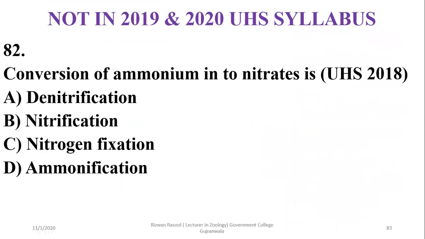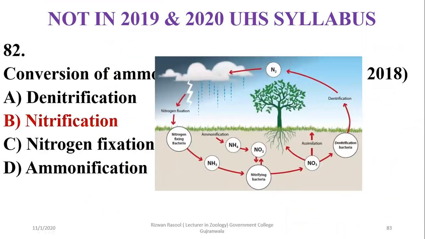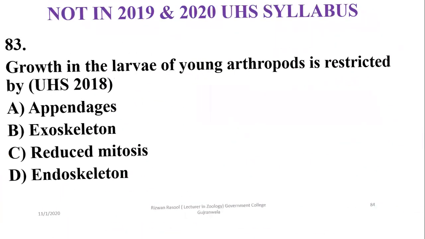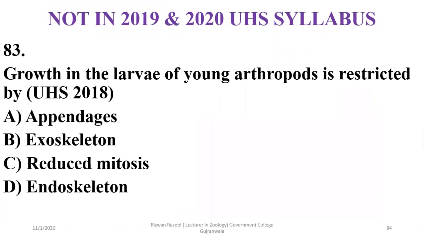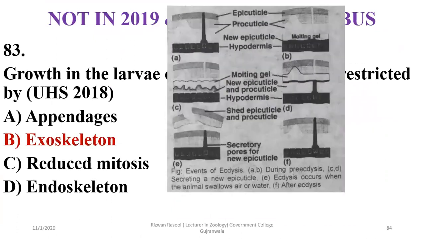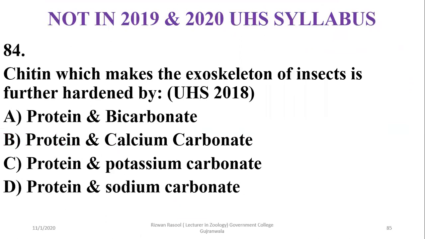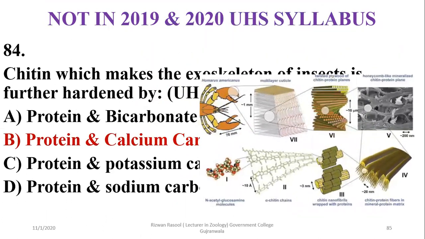Conversion of ammonia into nitrate is nitrification and it takes place in the nitrogen cycle. Number 83, growth in the larvae of young arthropods is restricted by the exoskeleton. That's why they have to carry out the ecdysis process. Chitin, which makes the exoskeleton of insects, is further hardened by the deposition of protein and calcium carbonate.